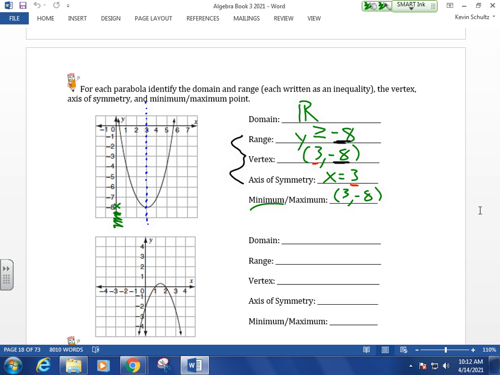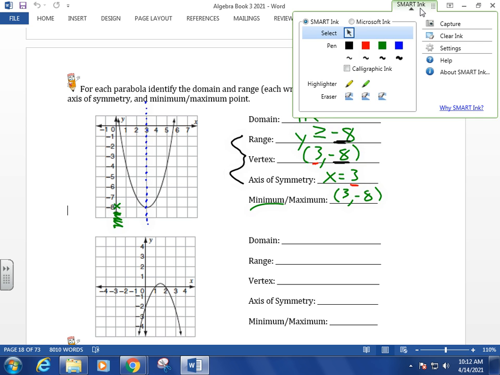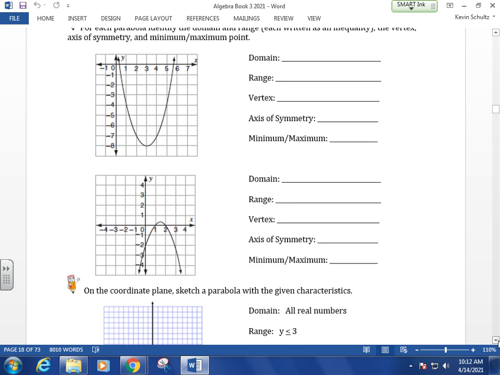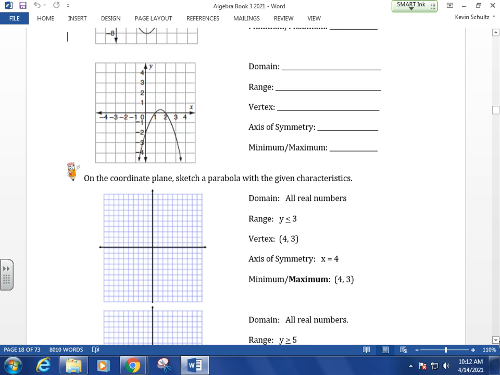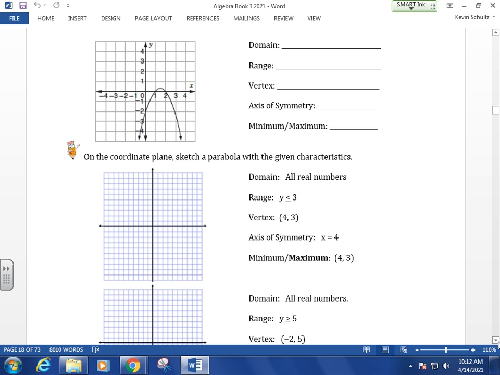Okay. Let's look at the next one, because here everything seems to be going just fine until we get to one where the vertex is not exactly on an ordered pair, right? But that's okay. We can handle this because remember, the x and the y-axis are essentially just number lines, right? So our vertex point, which is kind of in the middle here, it's not on the corner of a square.